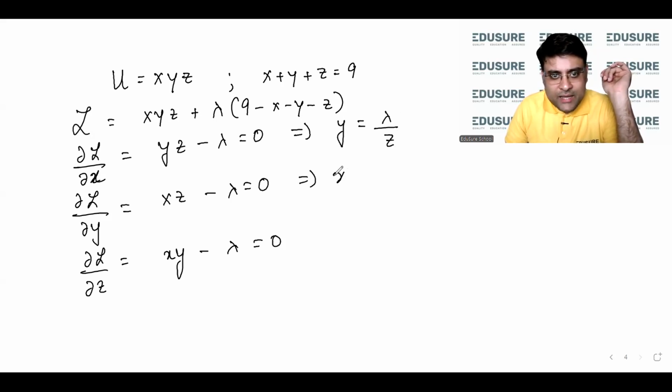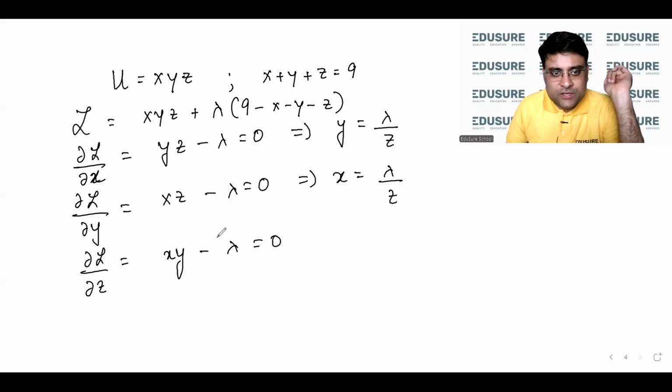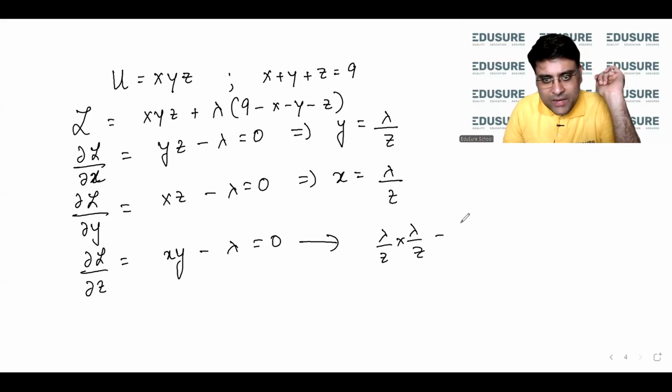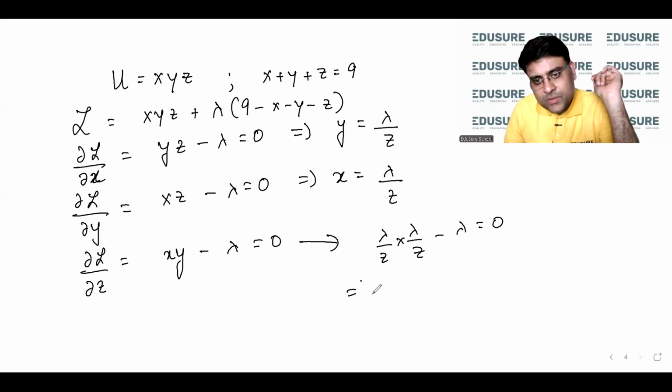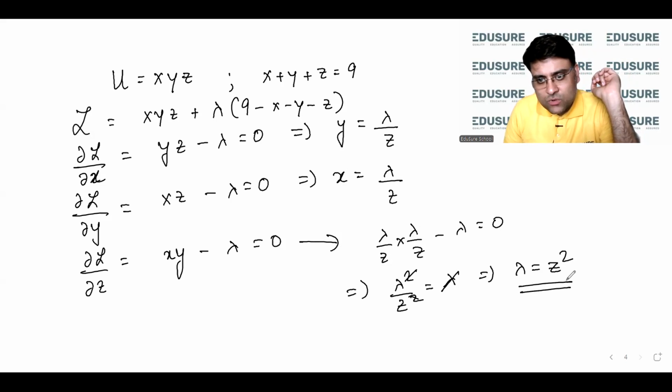From here, I'll get x is equal to lambda by z. And if I put these two equations in the third one, I'll get lambda by z into lambda by z minus lambda is equal to 0. So lambda square by z square is equal to lambda, lambda cancels out. So lambda is equal to z square. This is what I'll get.